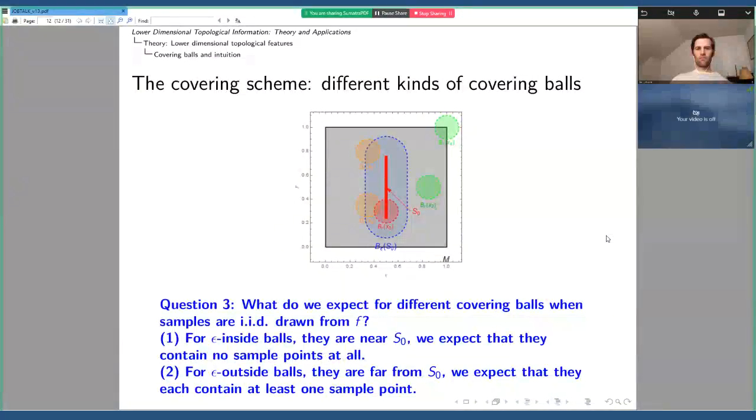And on the other hand, for those epsilon outside balls, since they're so far away from the zero density region, we suspect, okay, they must contain relatively a lot of probability mass. And then if we don't shrink them too fast, then at least one sample point will fall in each of these covering balls. And this is our basic intuition that guides us through our detection method.